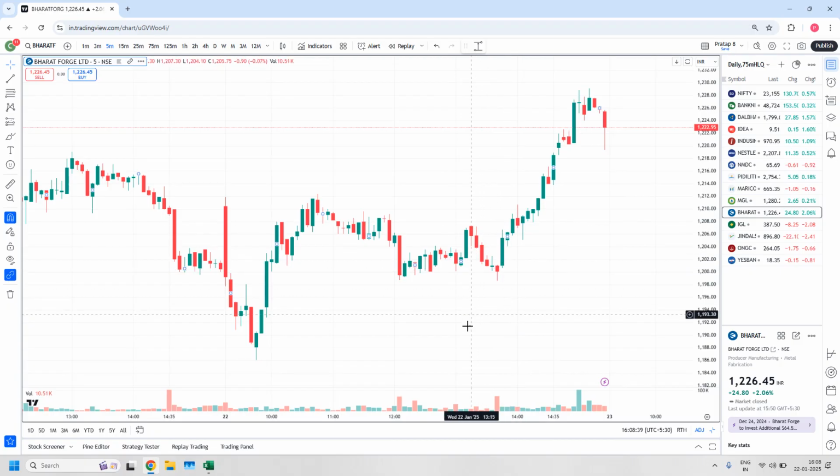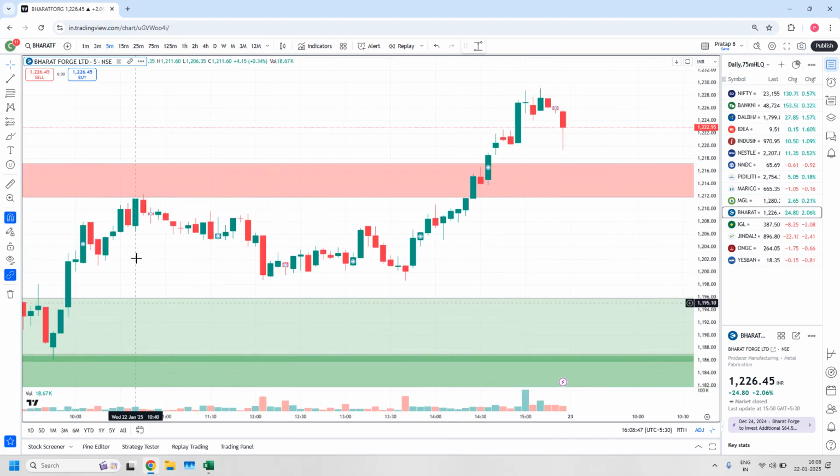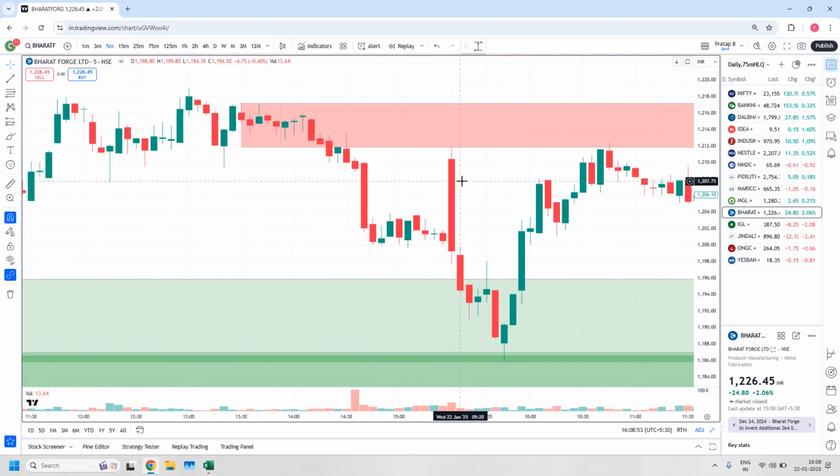So this is the Bharat Forge chart. We got the trade at 9:45. See the risk, very small risk. See how sharply it pushed the prices. Before that it was falling, but exactly the high liquidity fine-tuned area stopped the fall and pushed the market up, in this particular stock.